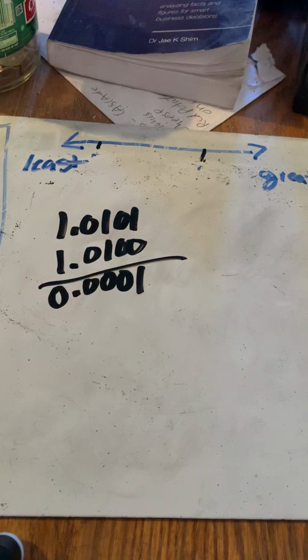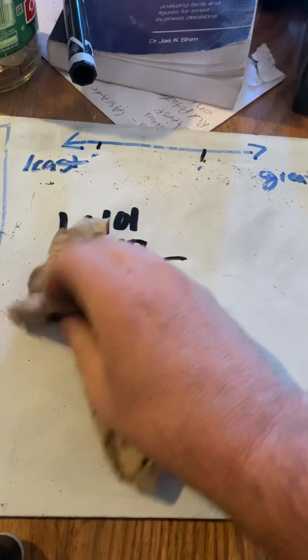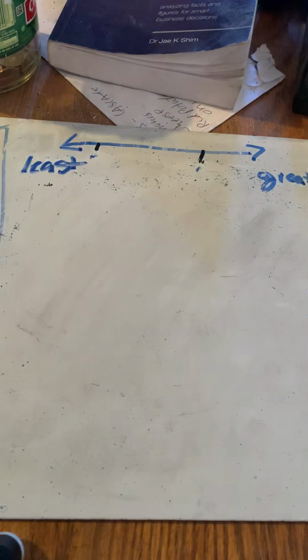So we know that 0.0001, which is actually 1 basis point, I believe, is bigger than 1.0100, or just 1.01. So we know that the repeating decimal is going to be to the right, a little bit closer to the greatest end of the spectrum than the 1.01, the terminating decimal.